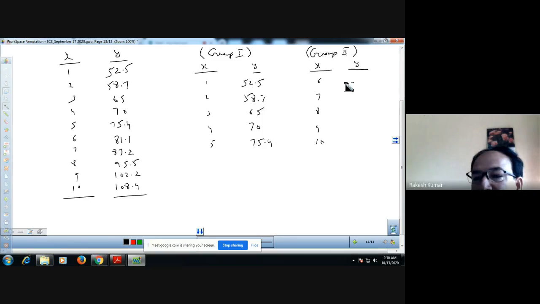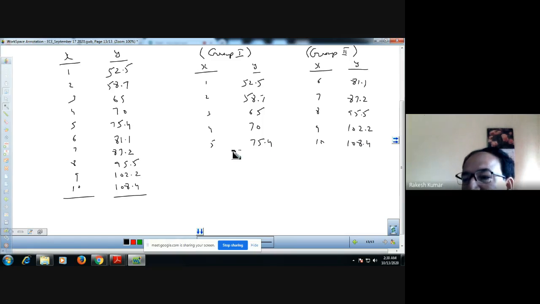In group 2, we shall have 81.1, 87.2, 95.5, 102.2 and 108.4. Just to make the question easier, we are doing so. This is one of the procedures in which we divide the total values into two subgroups. Group number 1 is this, and group number 2 is this.